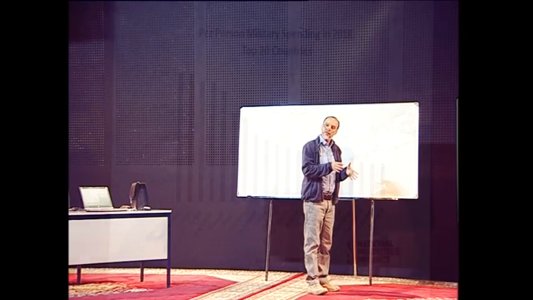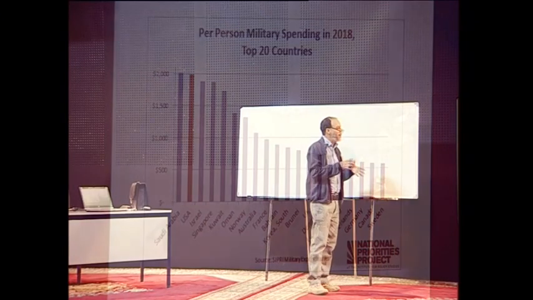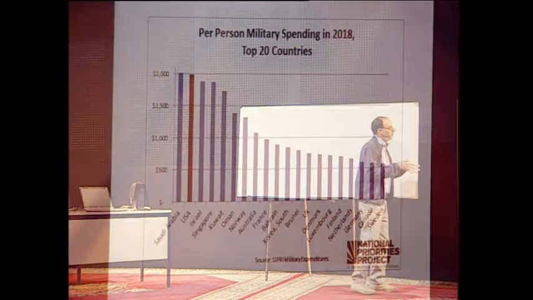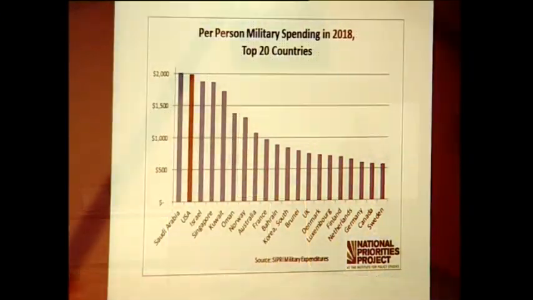If you look at the numbers from the single person point of view, if you divide the entire amount among the population, you obtain this graph. First it's Saudi Arabia, and then the United States, and then third Israel, and then Singapore, Kuwait, and so on. And the lowest countries are Germany, Canada, and Sweden.